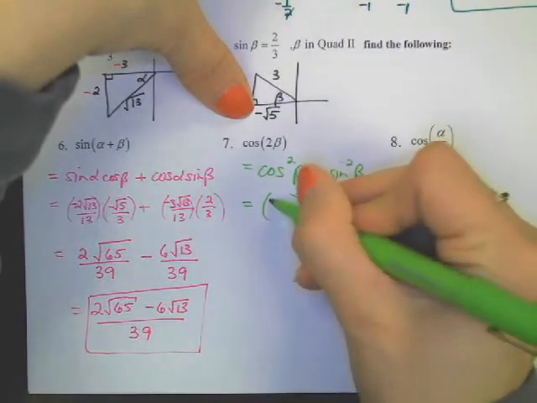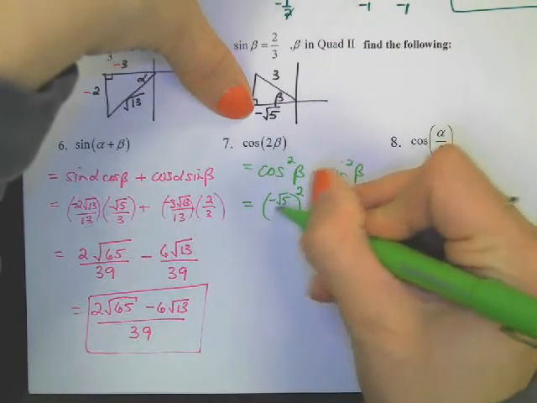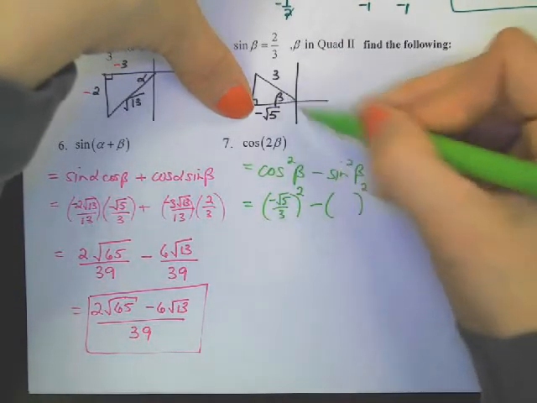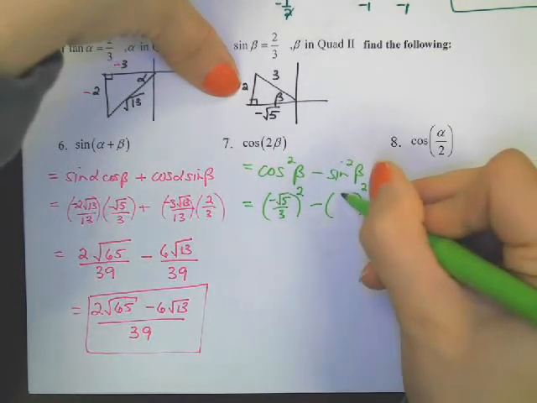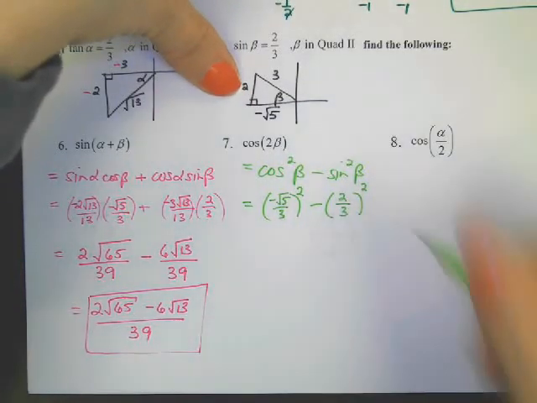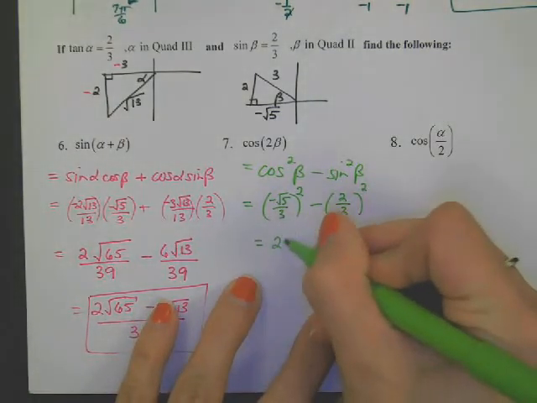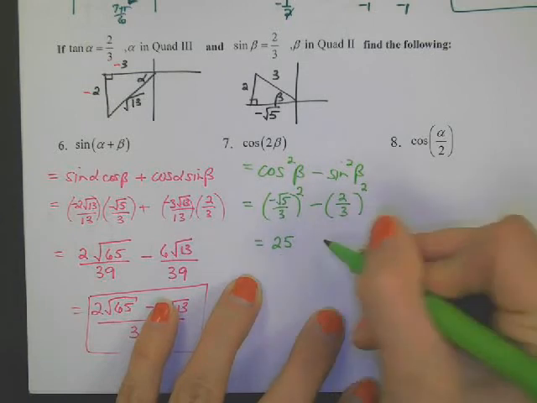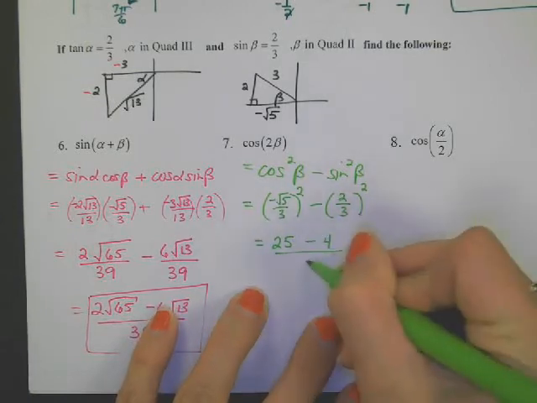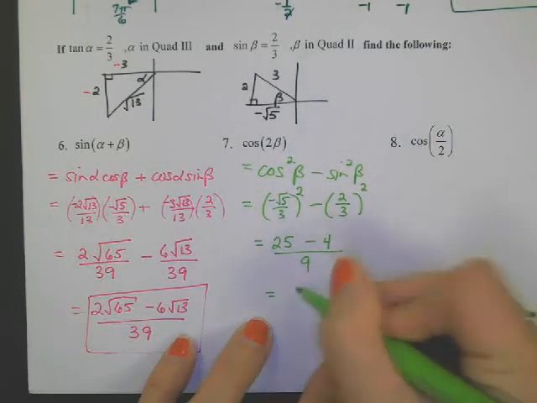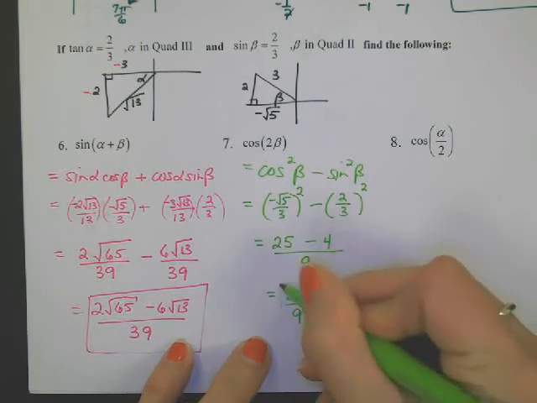So that's going to be negative radical 5 over 3. And the sine is going to be 2 over 3. And so this makes 25. And this makes 4. The common denominator is 9. So our answer is 21 over 9.